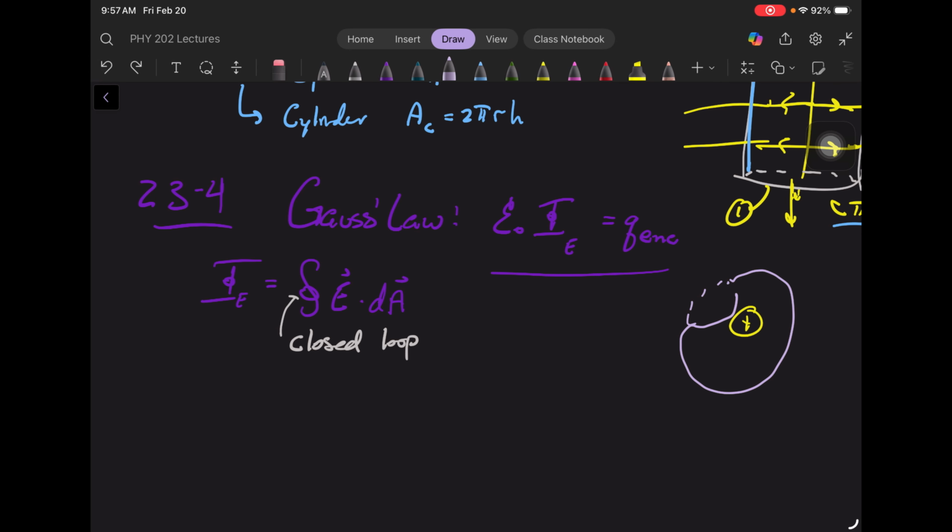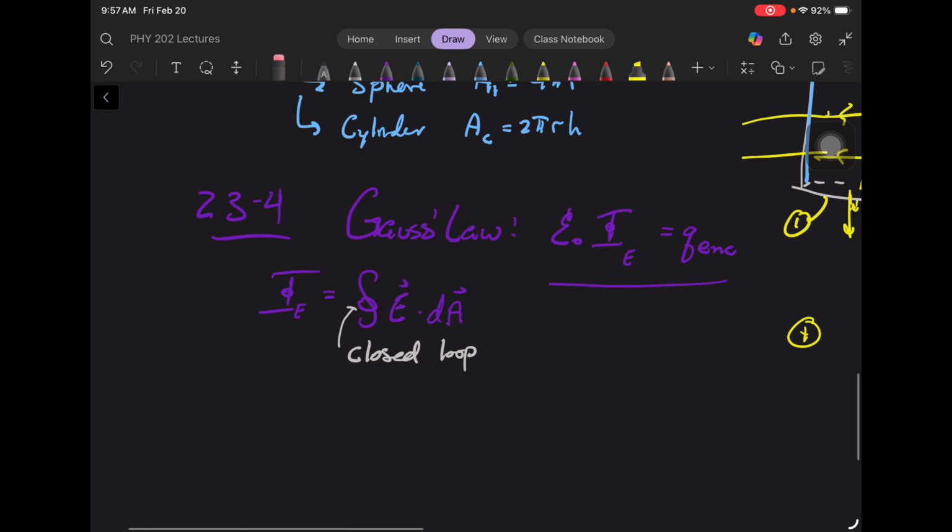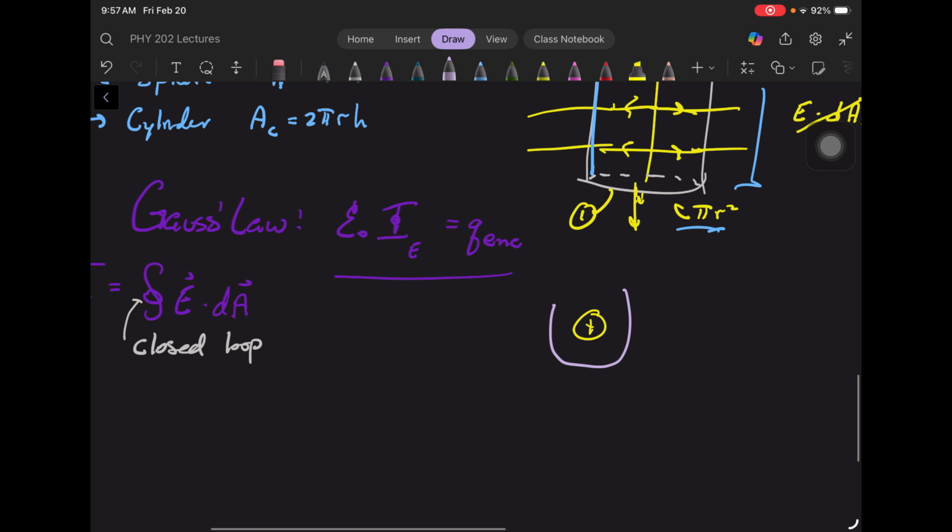I also can't do something real wonky and say my Gaussian surface is something like that. It's hard to draw a non-closed loop. I guess just that. You can't do something like that. It has to be a closed area.